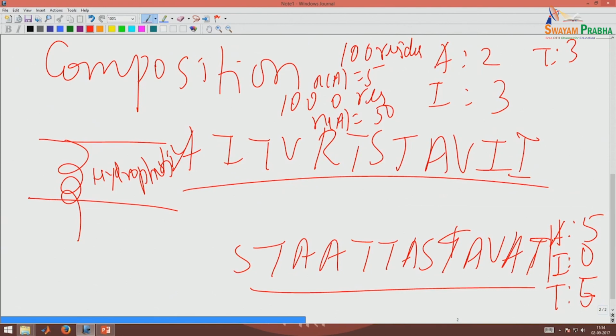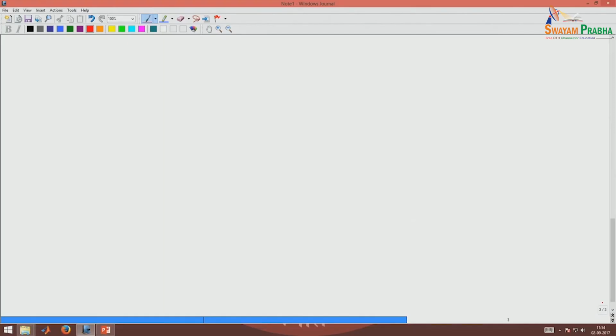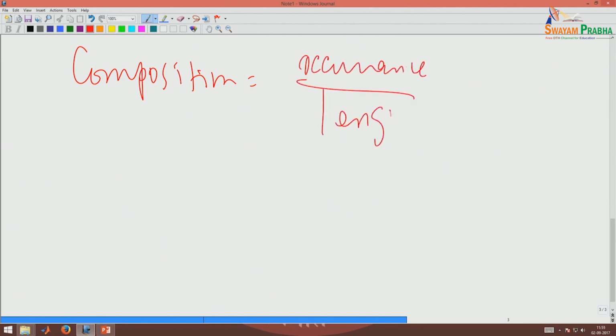So, in this case we need to normalize, right. How to normalize it? With length. So, composition is the occurrence divided by length. In this case, if you have 100 residues, randomly distributed, what is the composition?